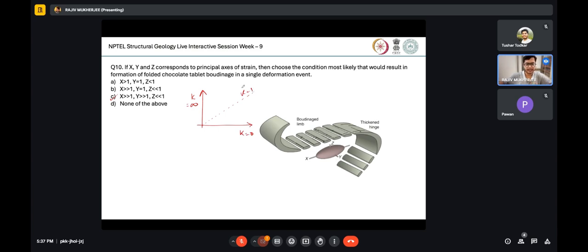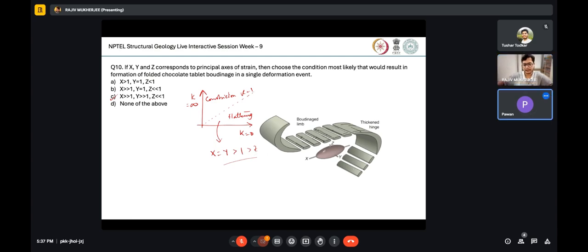This is the Flinn diagram; here we have constriction, and here we have flattening. In flattening, we have x equal to y, which is greater than 1, and of course greater than z.